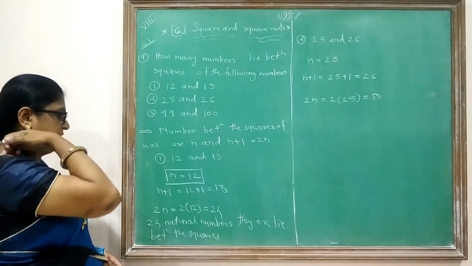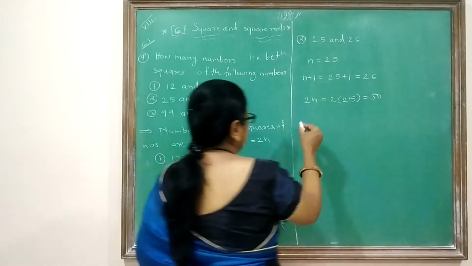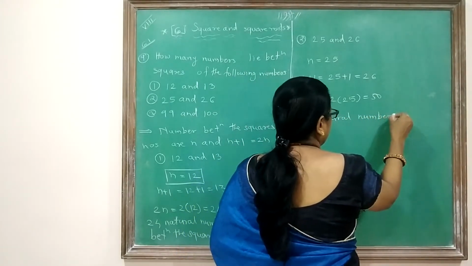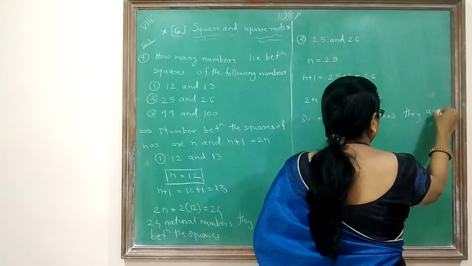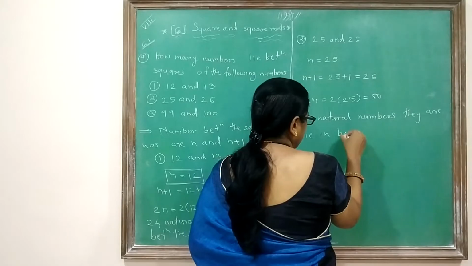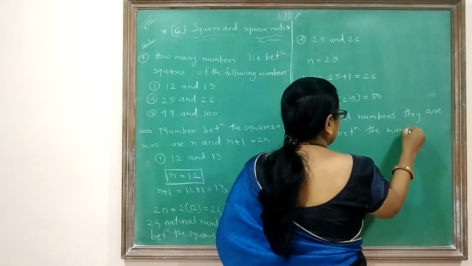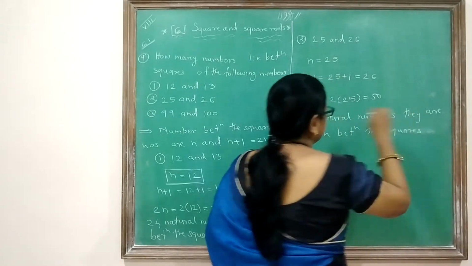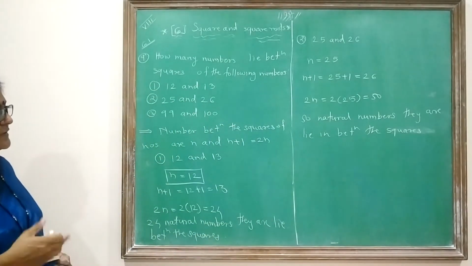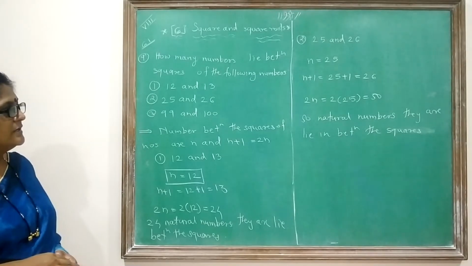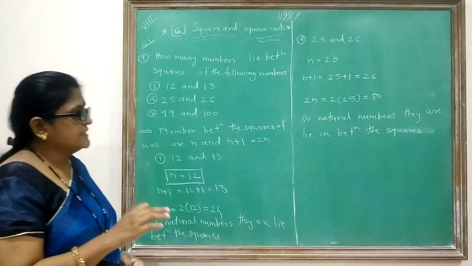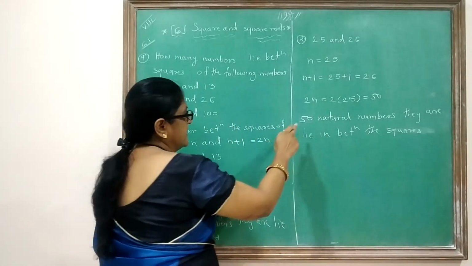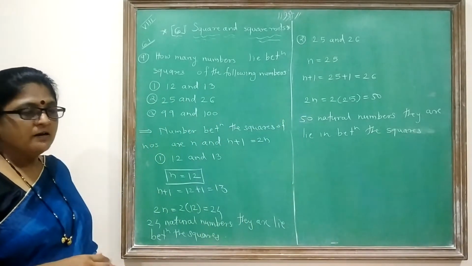That means 50 natural numbers lie in between the squares of 25 and 26.